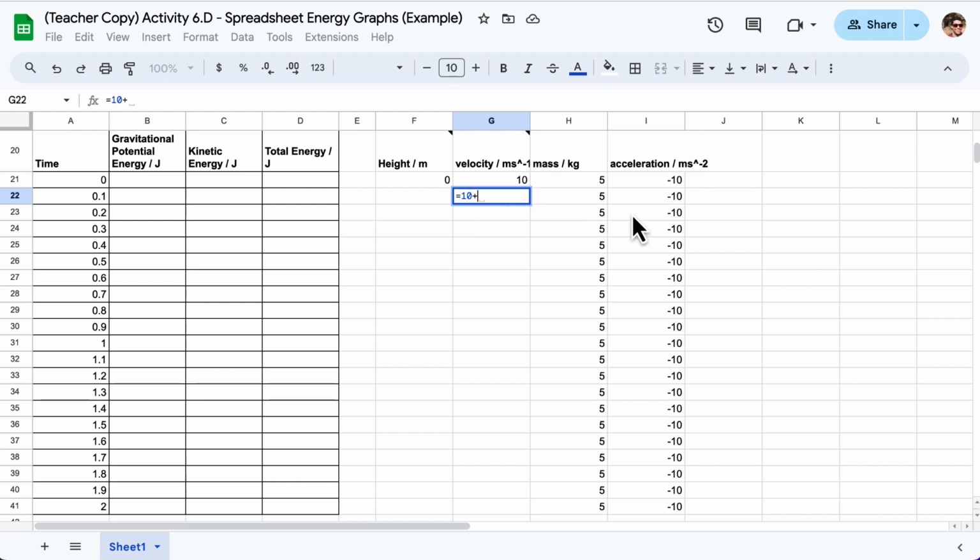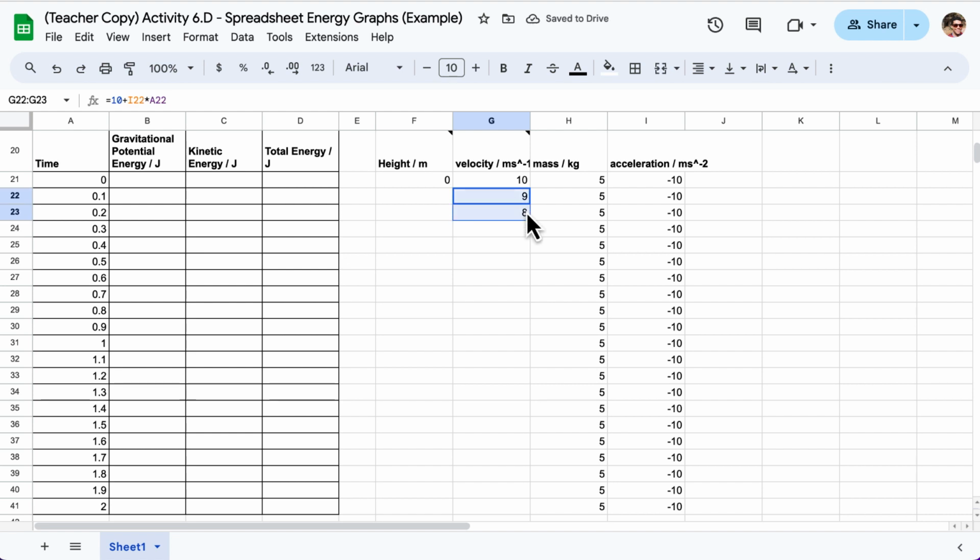So I'll say plus, and then I'll select our acceleration, and then I'll say times, and select our time, and hit enter. And we'll do it again. Equals, I'll type in 10 because that was our initial velocity, and then plus, and then I'll select the acceleration, times, and then time.